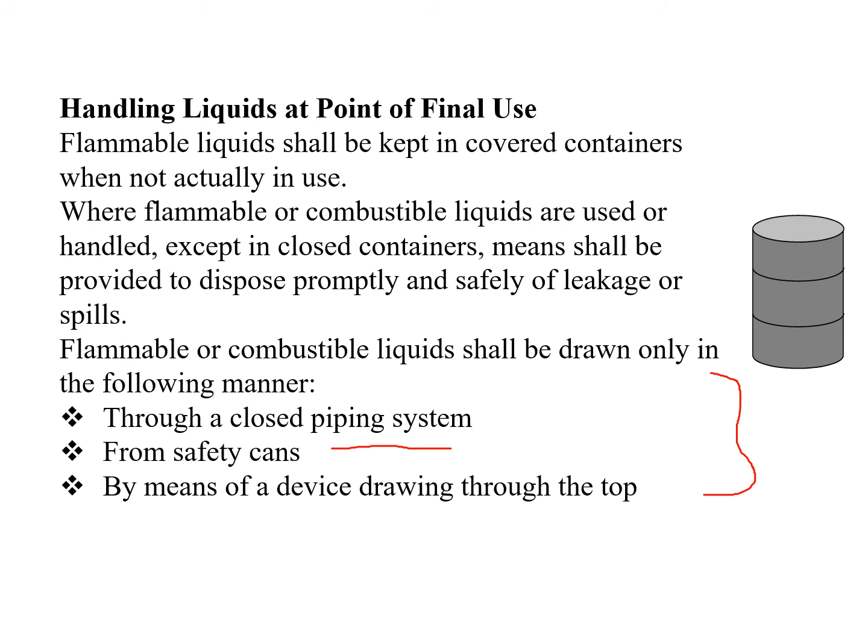From safety cans, we can transfer liquids from one place to the other, and of course by special devices. Those are used, for example, in the labs, the pipettes for particular flammable liquids. This is also something we can use in domestic life. So the handling at the final point where we are going to use it is very important, and we should always keep it in specialized storage containers.